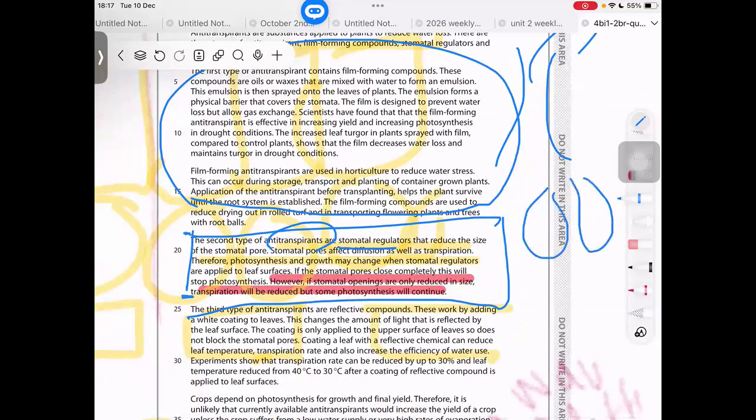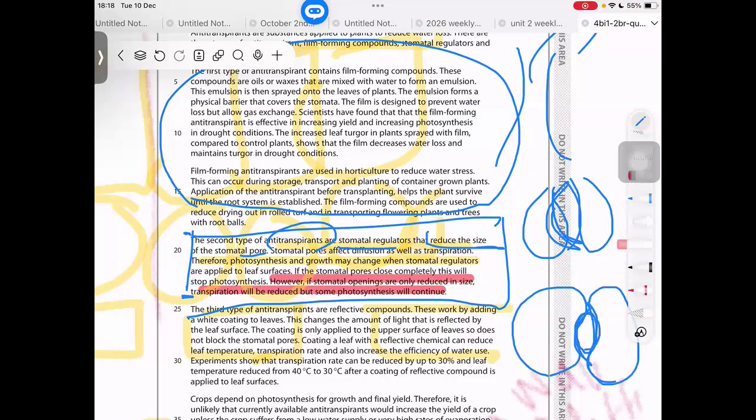That means they control the size of this opening, right? You can see they reduce the size of the stomatal pore. Now, you know guard cells can control the size of the stomata. If the guard cells are big and turgid, you can see the stomata will be open like this.